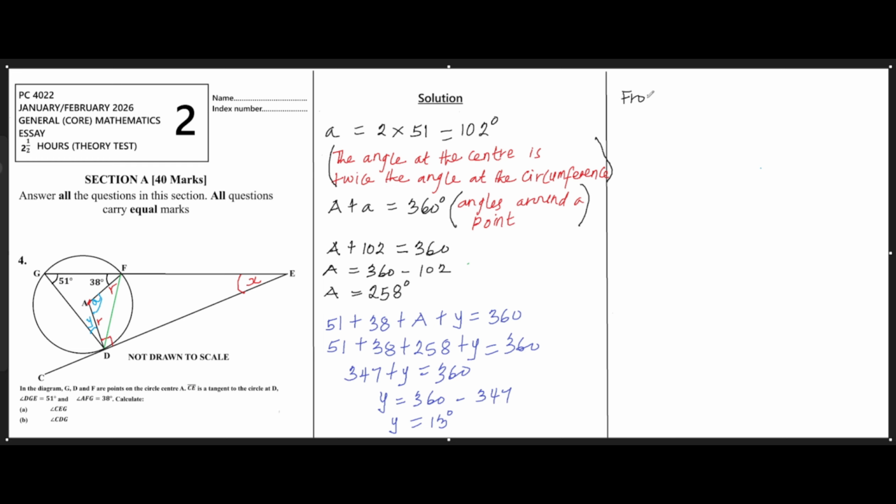We are making reference from triangle GDE. Because it is a triangle, we know that the sum of the interior angles of a triangle is 180 degrees. So we are looking at this triangle.